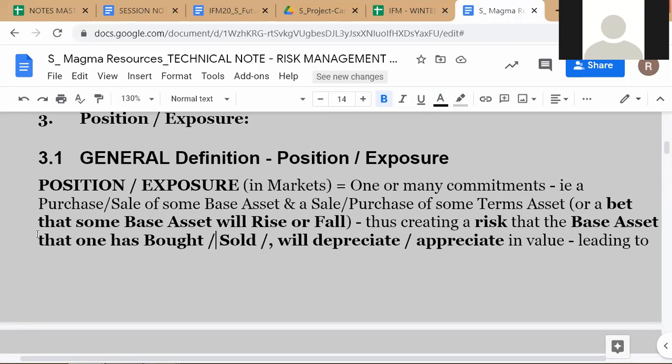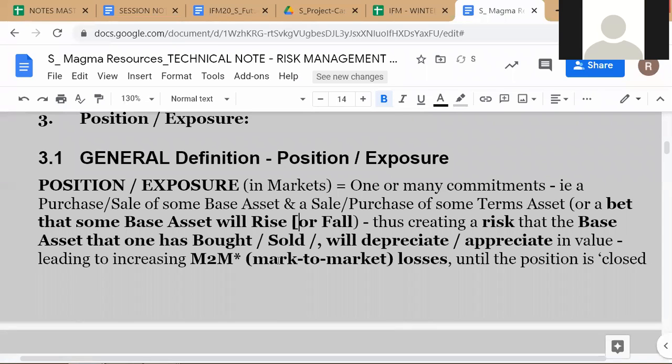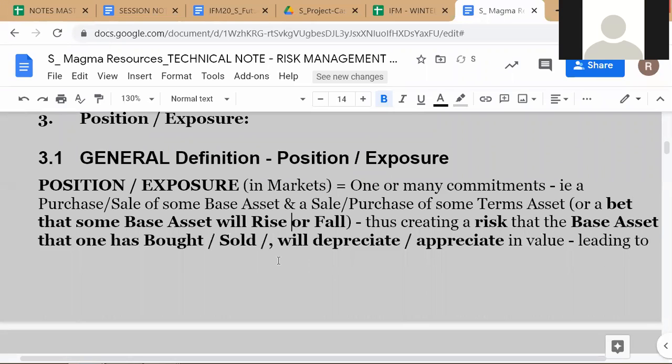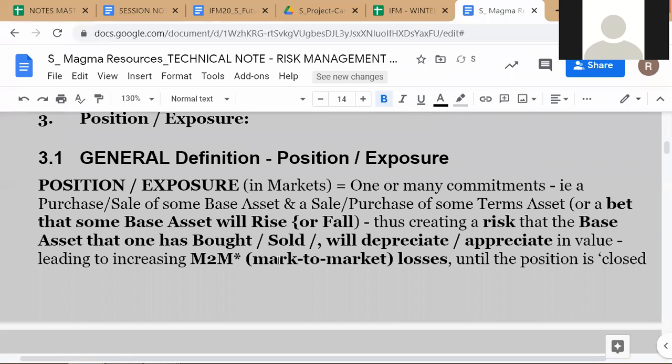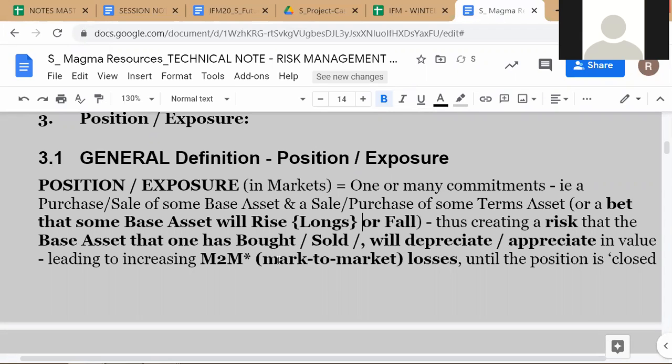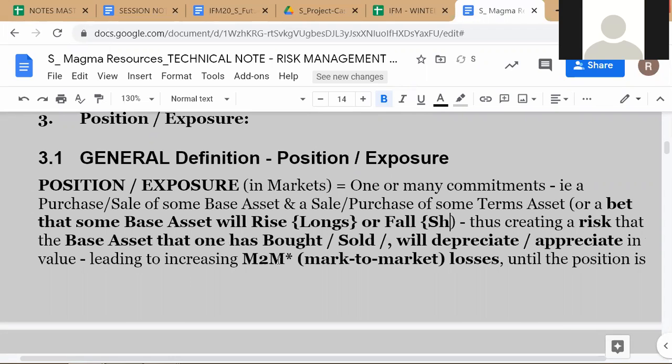So we can actually say, if the base asset will rise, long position. We can write it this way. When you enter longs or when you enter shorts, it's pretty obvious, but I'm just writing it here.